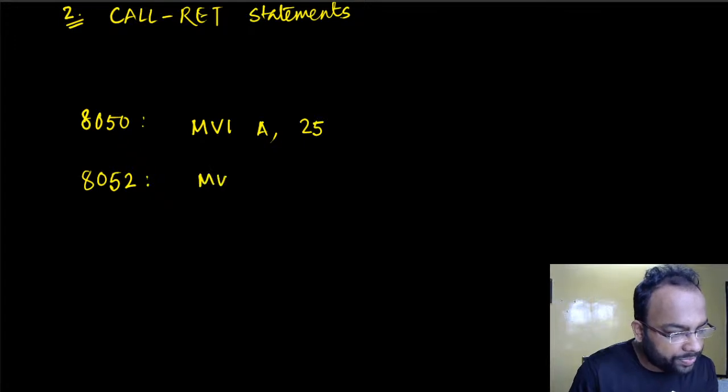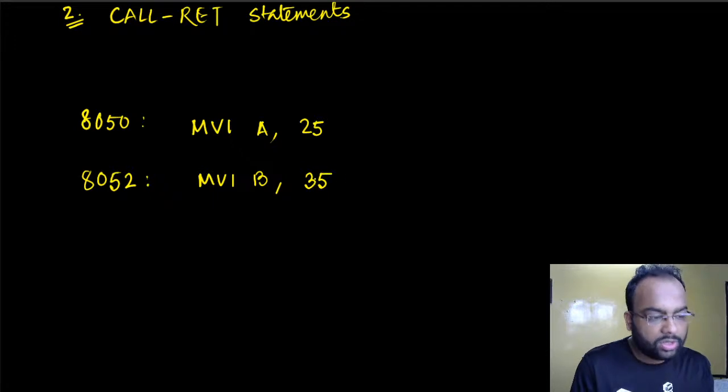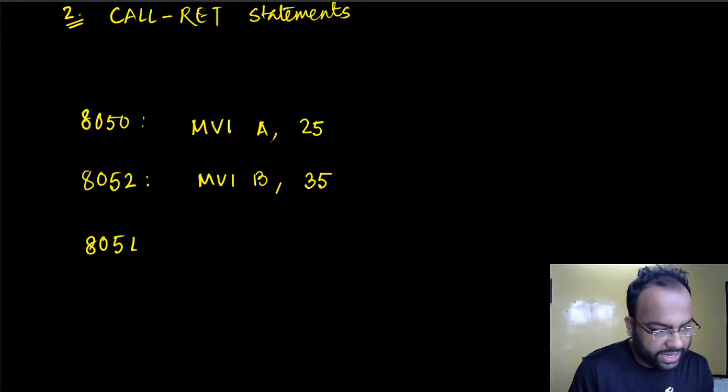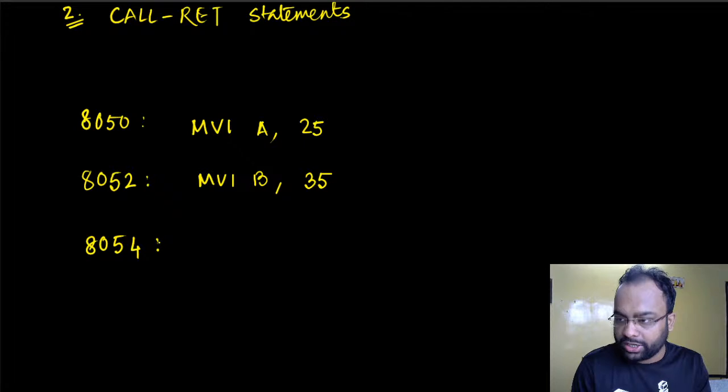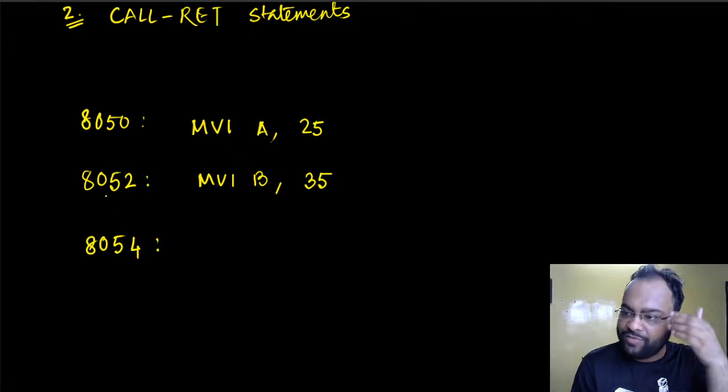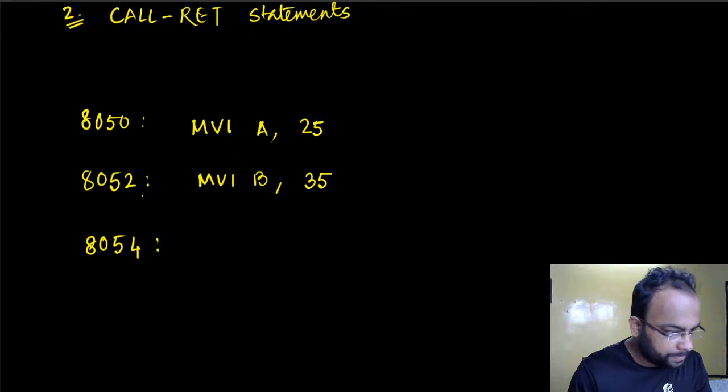Let's write down MVI B, 35. Now my register B has this value 35, and again this is a 2-byte instruction. So the next memory location in which we can write something is 8054, because memory locations 8052 and 8053 have been taken up by the opcode for MVI B and 35 respectively.